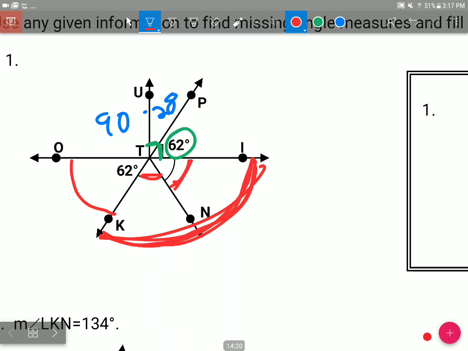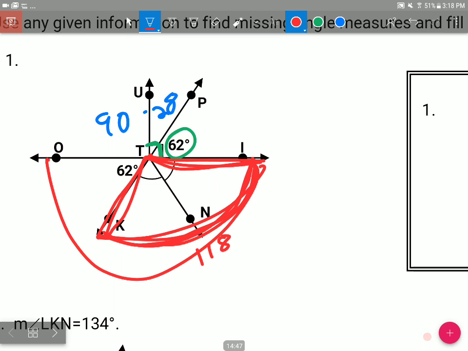What does that give me? 118. So this big one is 118. The angle from K to T to I, this angle right there, is 118, because 180 minus the 62 leaves me with 118.